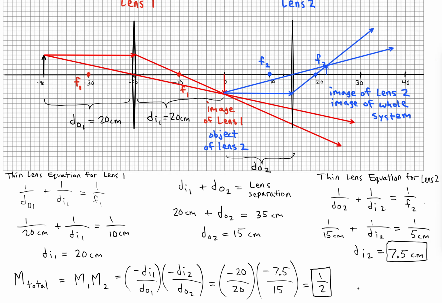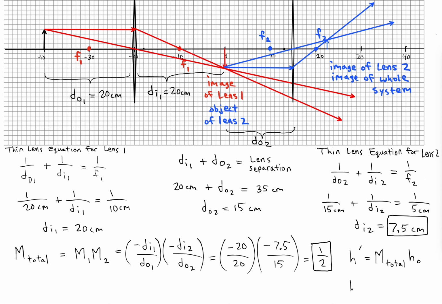If you wanted to go on to find the height of the final image, that would be h prime, it's sometimes called. And you could do m total times the original height of the object. So that would be h prime equals 1/2 the height of the object.